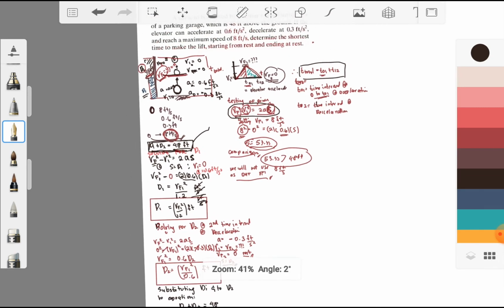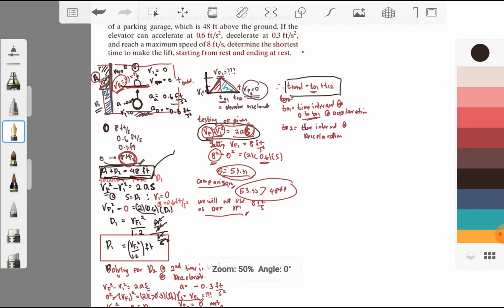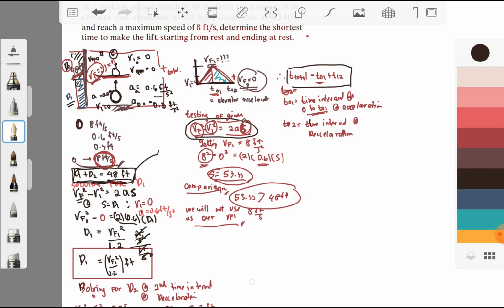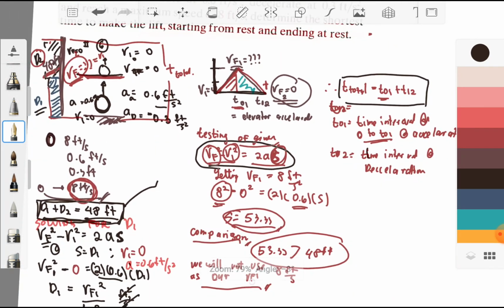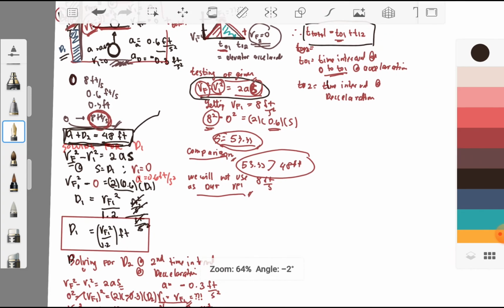Okay. So we'll have a value of your T1 and T2. So this will be the shortest time by substituting the value of your VF. So paano?